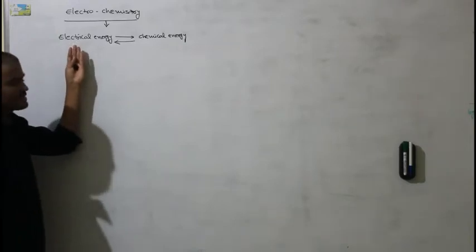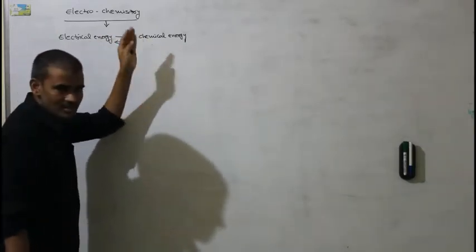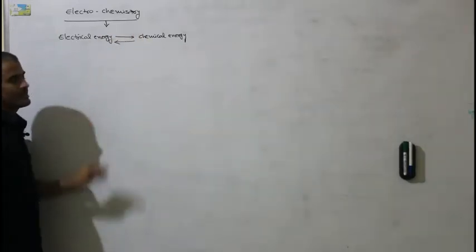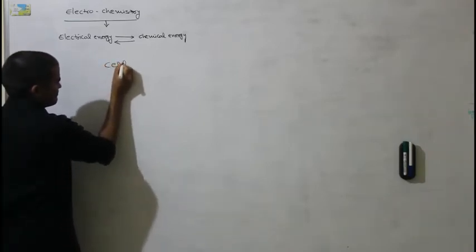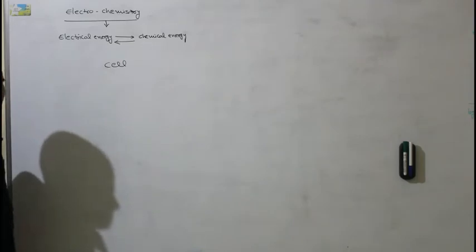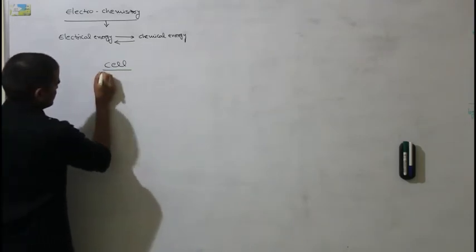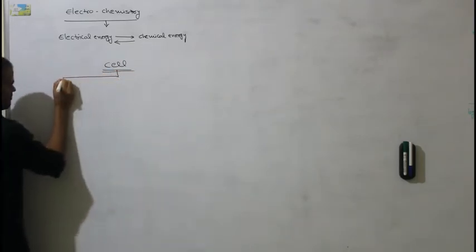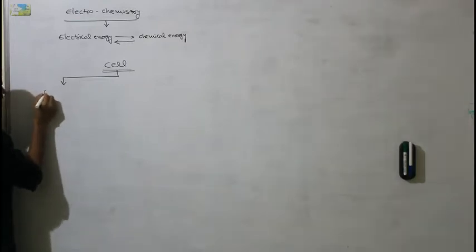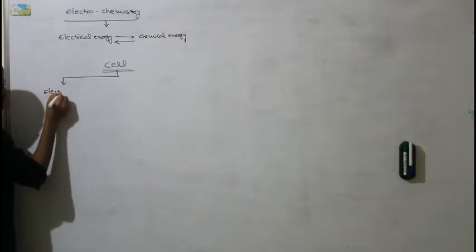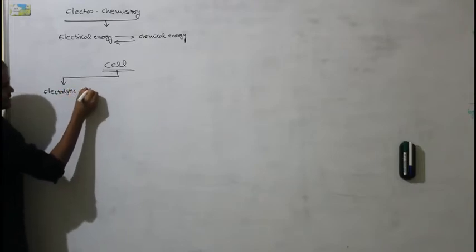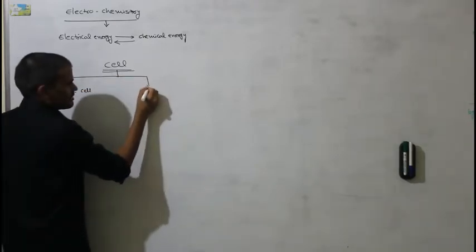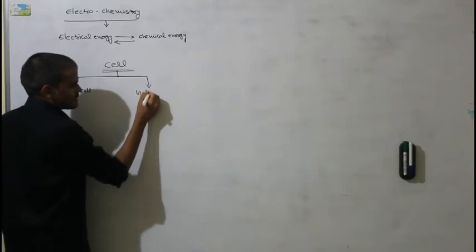To convert electrical energy into chemical energy and chemical energy into electrical energy, we need a cell. These cells are of two types. One is the electrolytic cell. Another one is the galvanic cell.